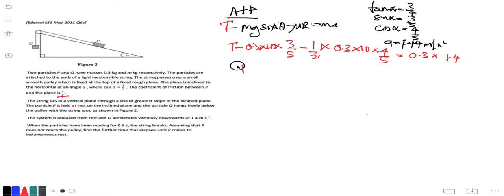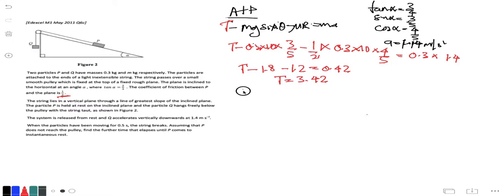When you solve this, you get T minus 1.8 minus 1.2 equals 0.42. So from there we get T equals 3.42.